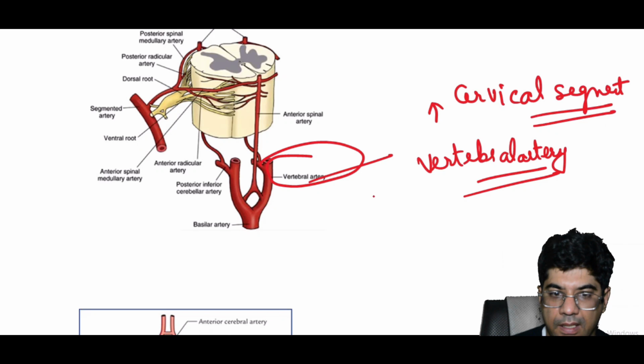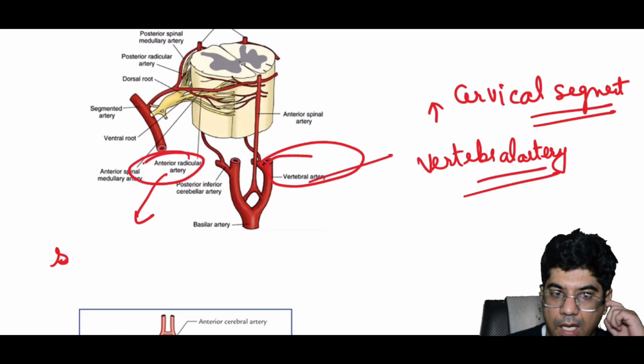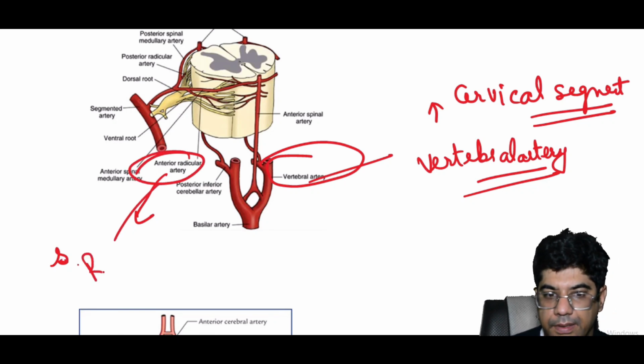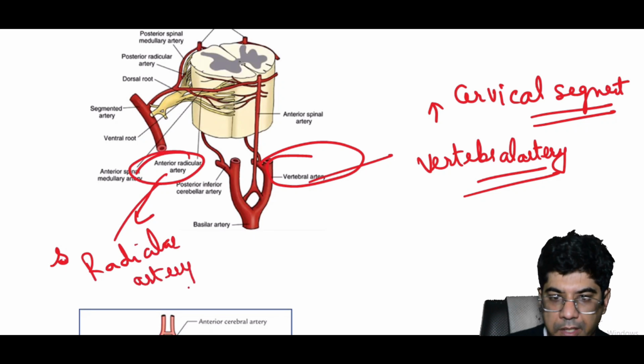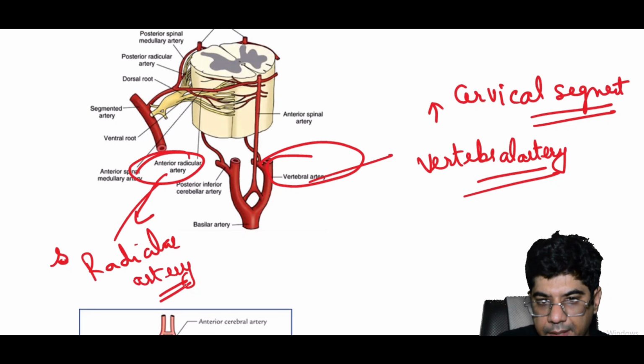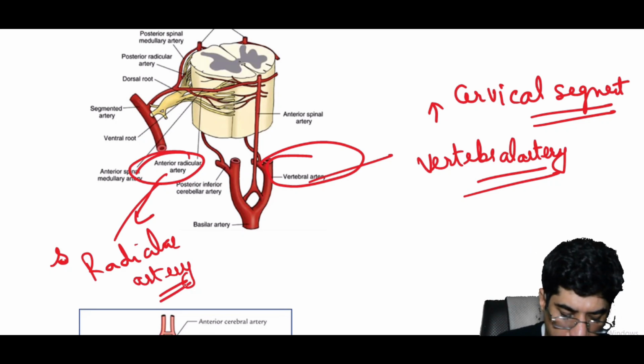For the rest of the spinal cord, the blood is supplied by the radicular arteries. So can you tell me what radicular arteries are and where they come from?